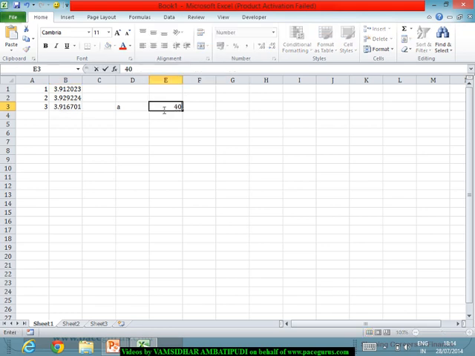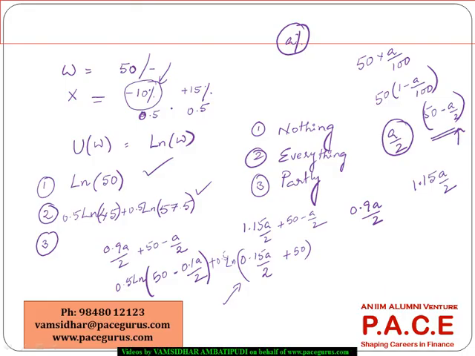But if I go with 40%, then the utility has gone up. So I can think of maximizing this. Maximizing this means nothing but take the derivative of this particular function. Yes, 0.5 divided by (50 minus 0.1a/2), multiplied by the derivative, minus 0.1/2.